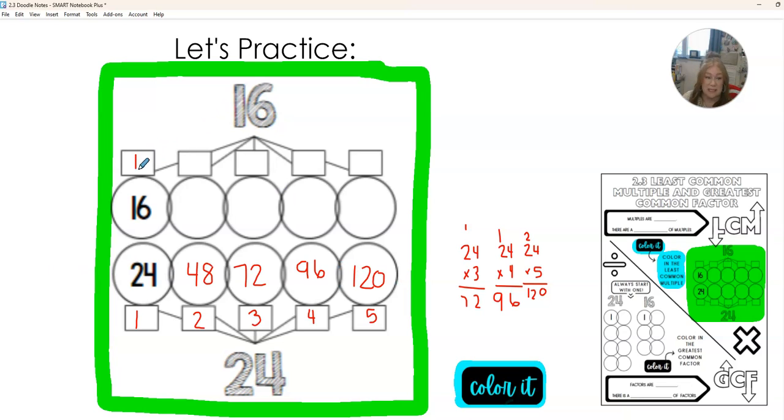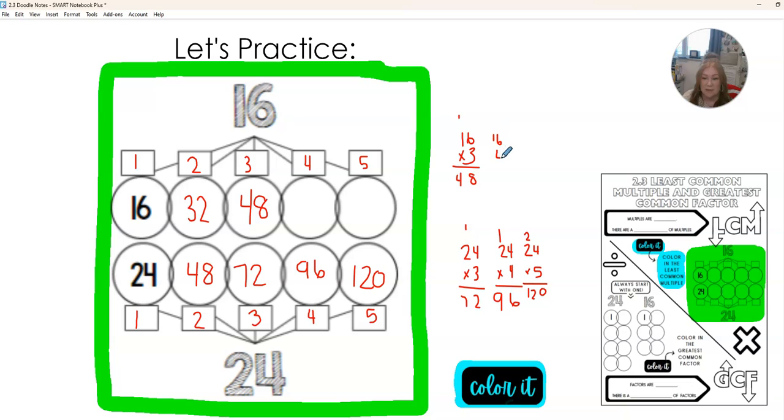Now we're going to do 16. We always start with 16 times 1 is 16. 16 times 2 is 32. Then we need to do 16 times 3, 16 times 4, and 16 times 5. 16 times 3: 6, 12, 18, so there's 48.